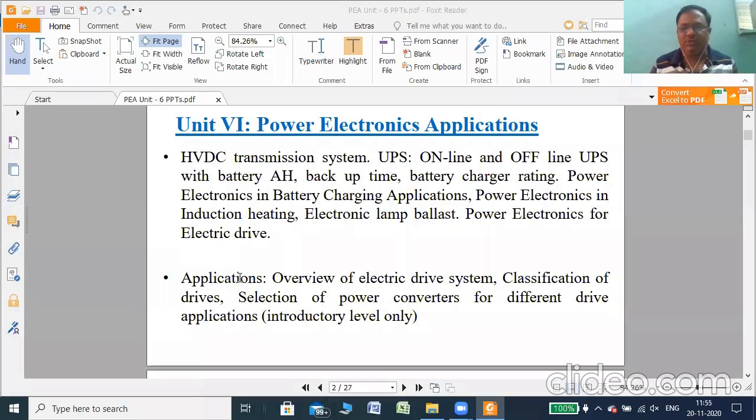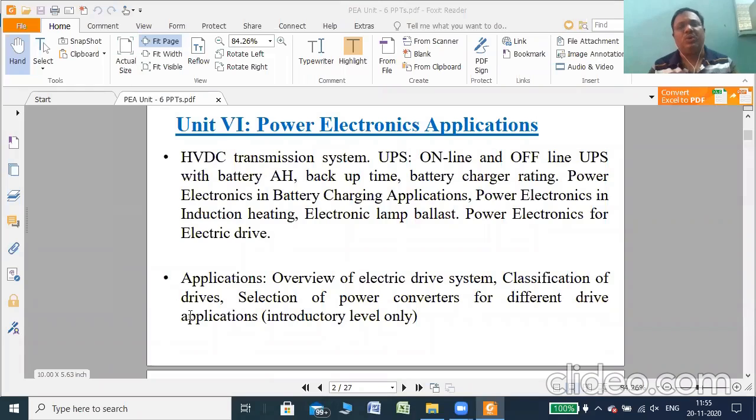Okay, we'll proceed with unit number 6. This unit is based on the applications of the circuits we have seen in unit number 3, unit number 4, and unit number 5. Those circuits we use here as applications. For example, converters are used for conversion of AC to DC, DC to AC, or DC to DC, and vice versa.